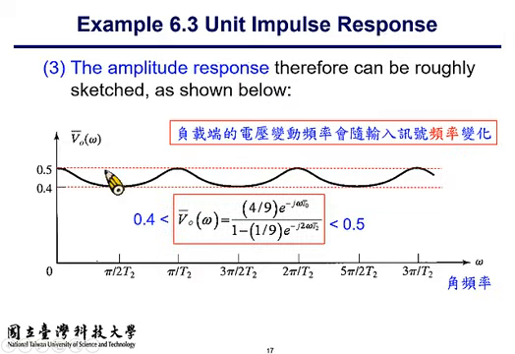So here is a drawing showing the response. In the horizontal axis you have frequency, angular frequency omega. Here is the case for pi over 2 times T2, where you get 0.4.